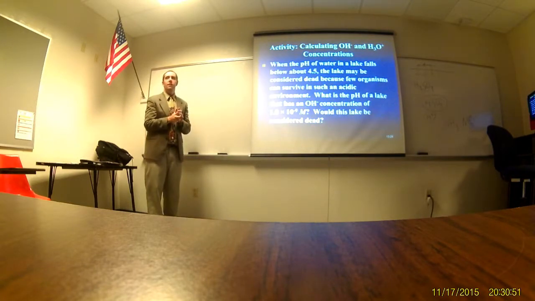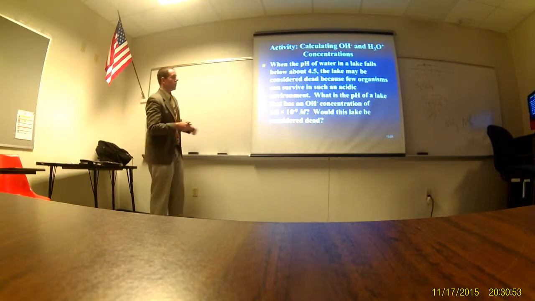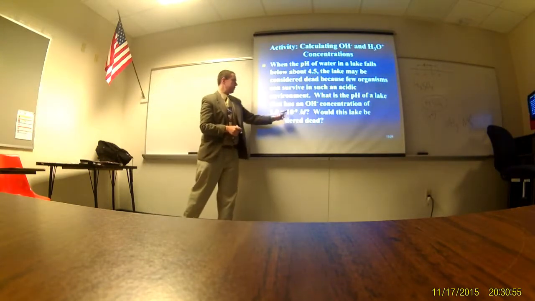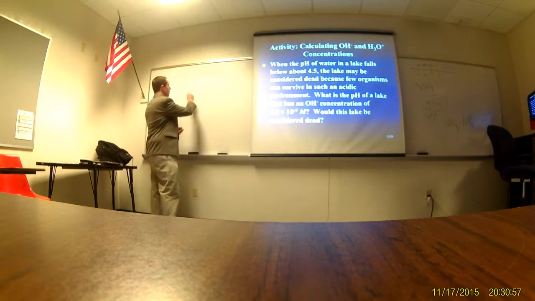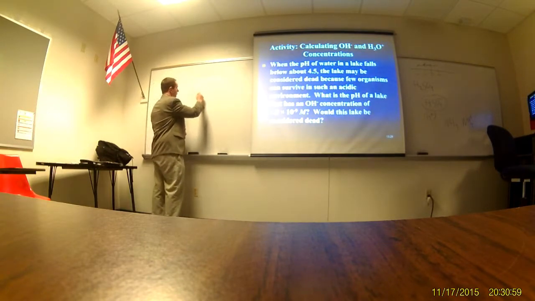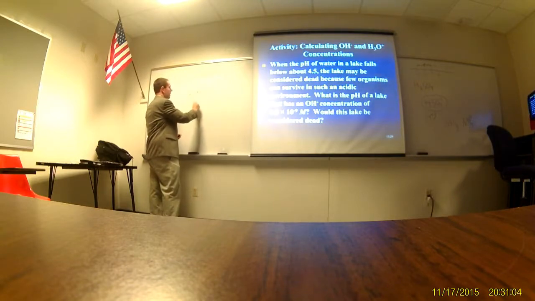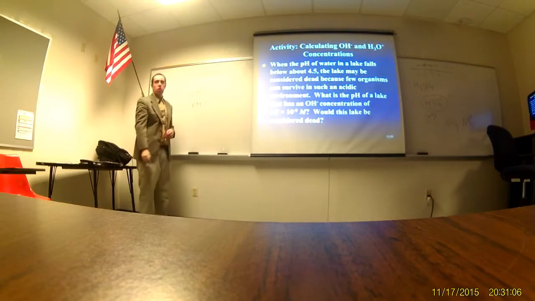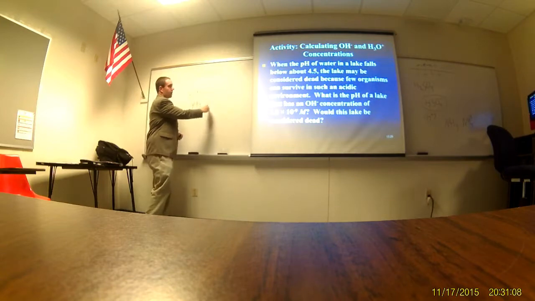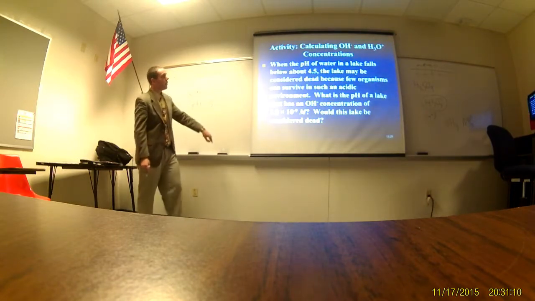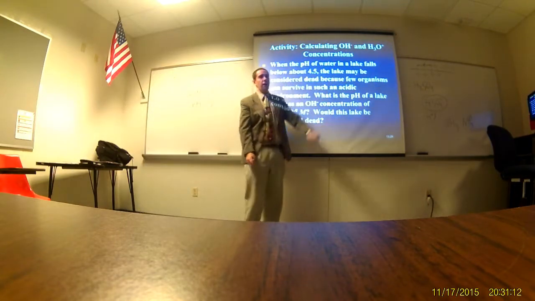The OH minus concentration is 10 to the negative 9, so the pOH is equal to 9. If the pOH is equal to 9, what is my pH? 5. And so is 5 larger or smaller than 4.5?